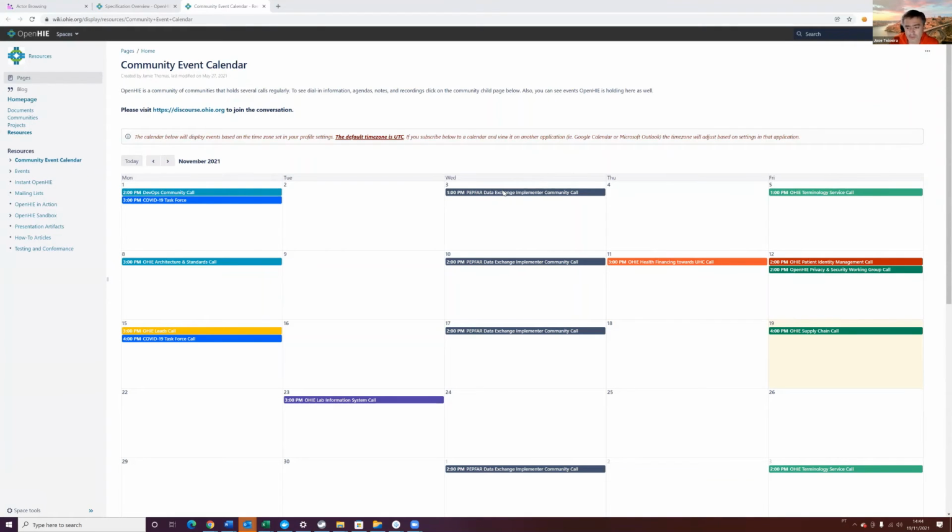This could help a lot in your adventures into FHIR.